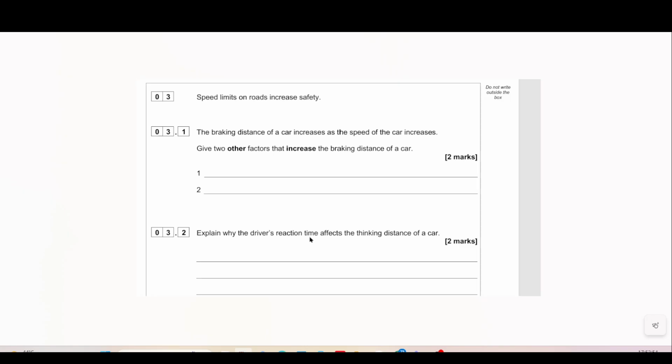Explain why the driver's reaction time affects the thinking distance of the car. If the driver takes longer to react, that means it will take him longer to press the brakes. Because the formula is distance equals speed times time.